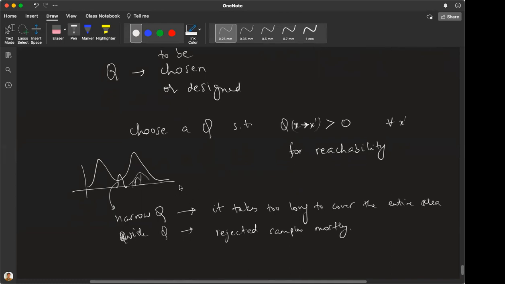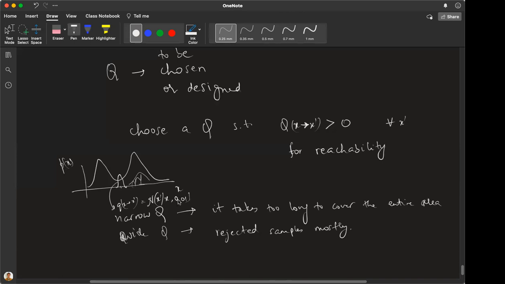This is a very simple case where x is a scalar and p of x is also a scalar, and this is your q of x to x dash. This is just a kind of Gaussian where you assume x is the mean and x dash is the new value which you take around it. So basically you are assuming this is equal to a normal of x dash given mean x and variance of some 0.01.